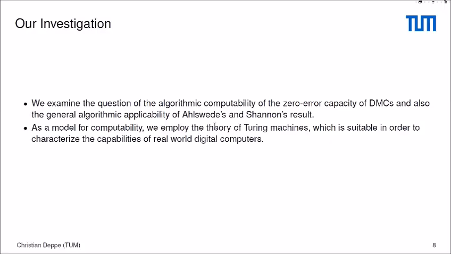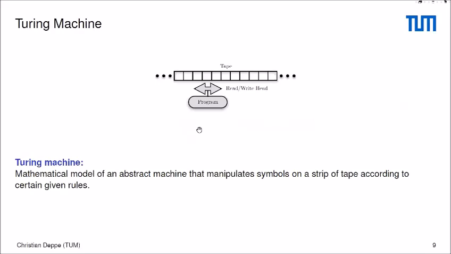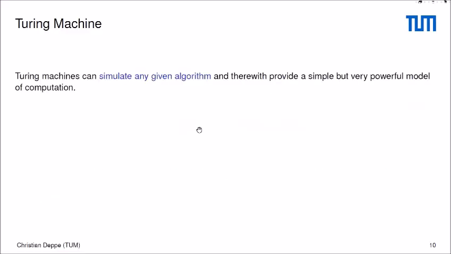As a model of computability, we employ the theory of Turing machines and Turing computability, which is suitable in order to characterize the capabilities of real-world digital computers. What is a Turing machine? A Turing machine is a mathematical model of an abstract machine that can manipulate symbols on a strip of tape according to certain given rules.